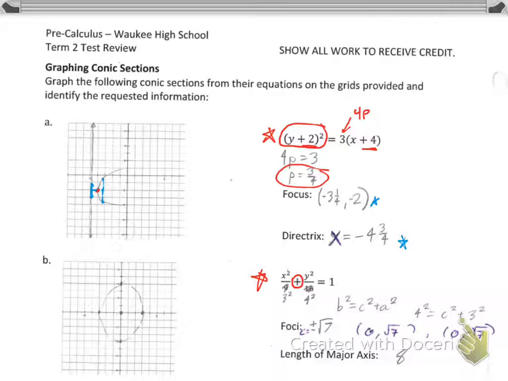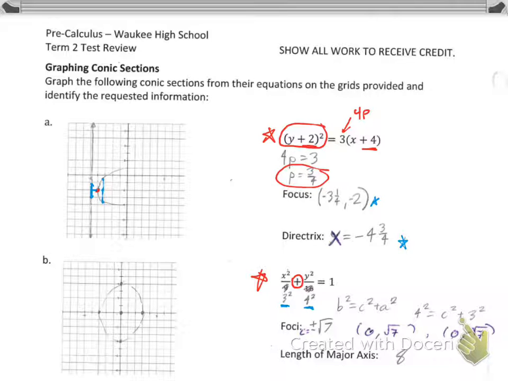The next equation is your ellipse, and in the ellipse, the number underneath x is 9, which is 3 squared, which means left and right from a center on this ellipse, you're going to go 3 units, and then under y is 4 squared, so up and down from wherever your center is, you're going to go 4 units.